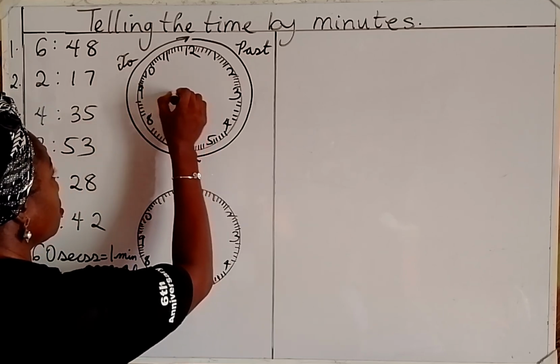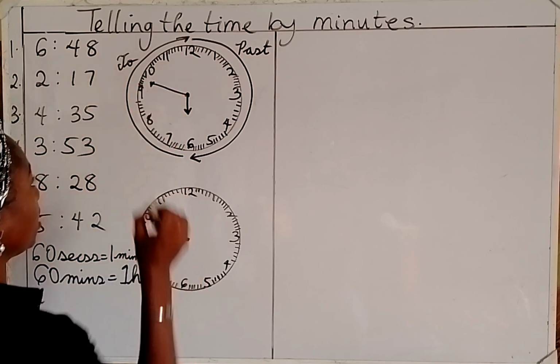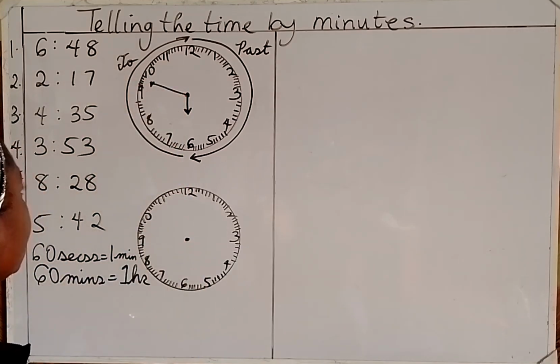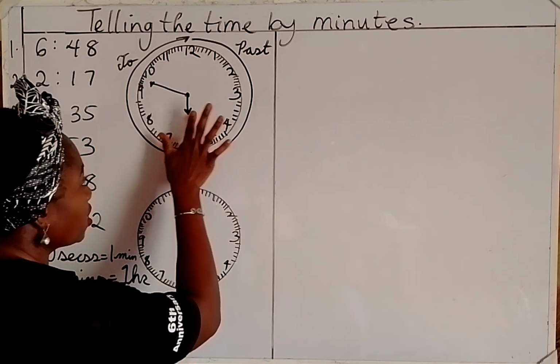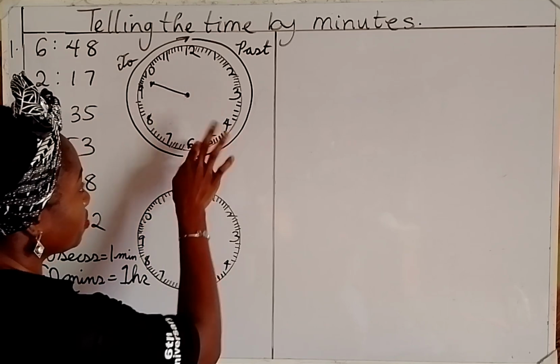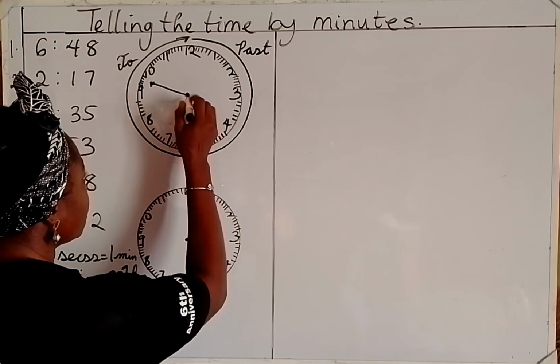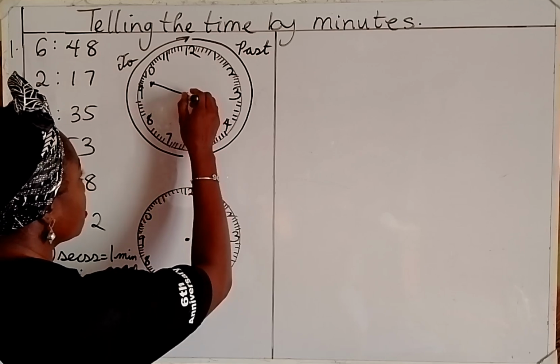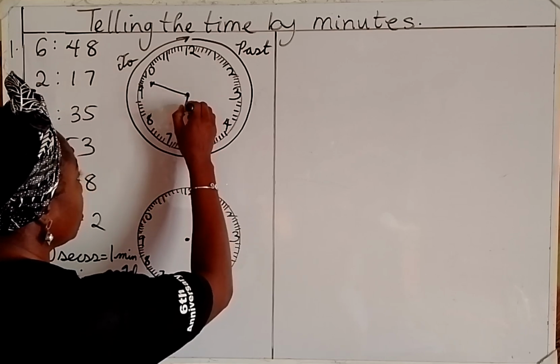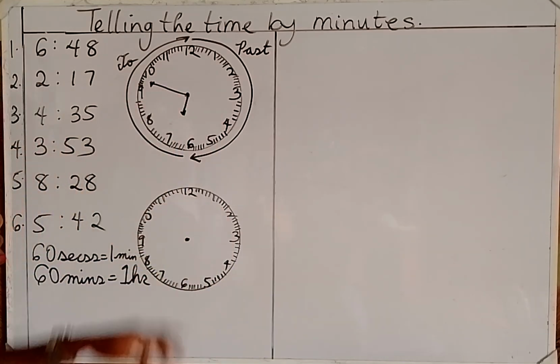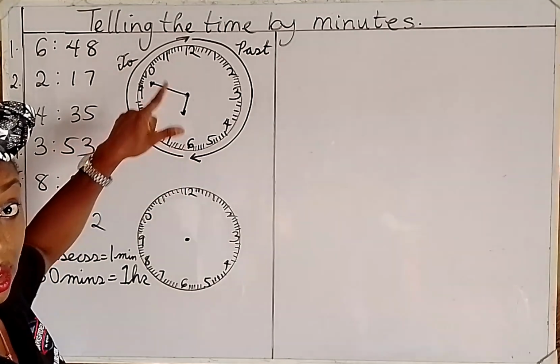So the long hand will be somewhere here, right? 48. So this is 6:48. That means our short hand is not going to be directly under 6, but a little bit away from 6, somewhere here, which indicates that the time is gradually shifting to 7.